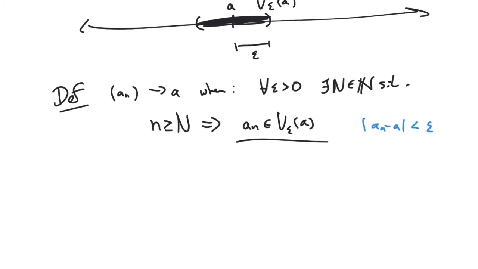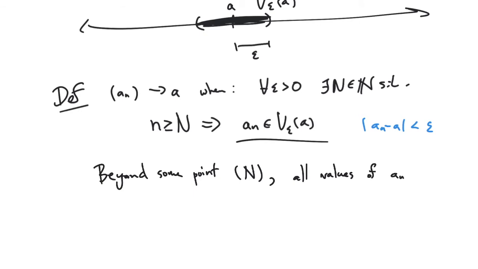So one way to say this definition in less formal language is something like, beyond some point, by which I mean the big N, all values of the sequence are inside the epsilon neighborhood of A. This is kind of the topological way of saying what the definition of convergence is.